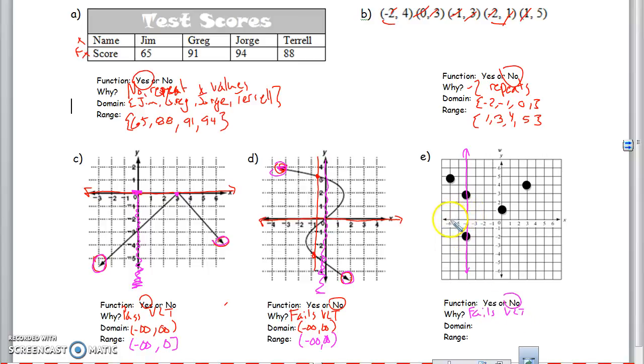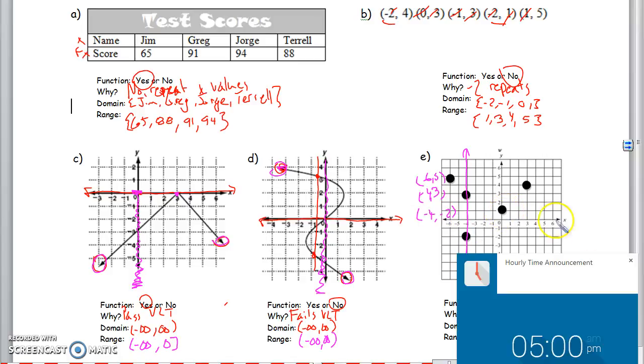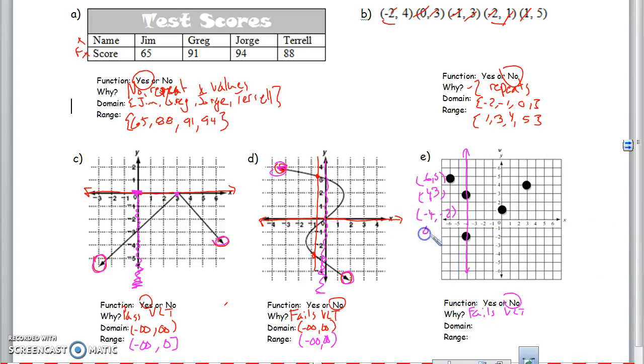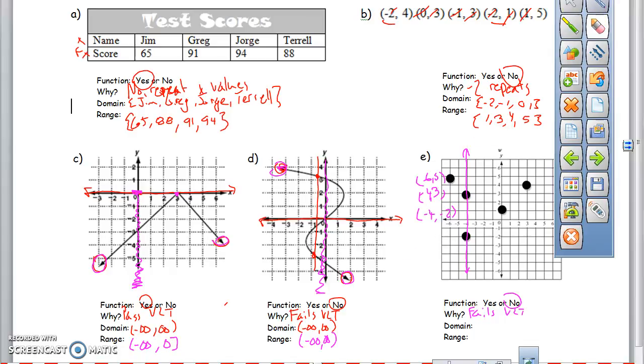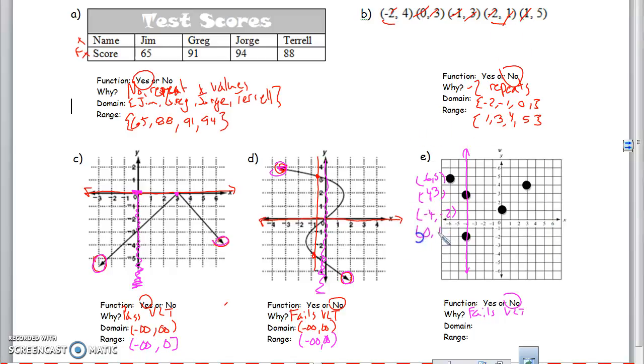But also, if you took the coordinates here, negative 6, 5, negative 4, 3, negative 4, and there's that repeat x value, negative 2, 0, 1, and 3, 4. As you can see, here's your domain and there's your range, and do it from least to greatest.